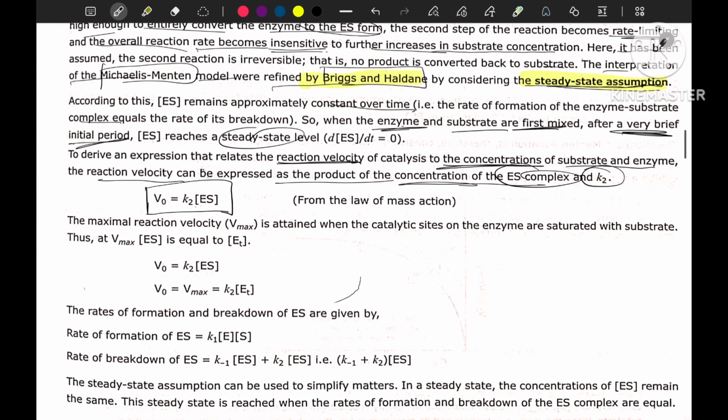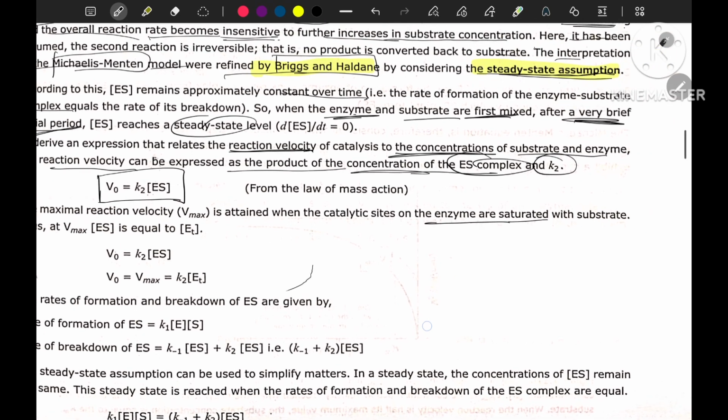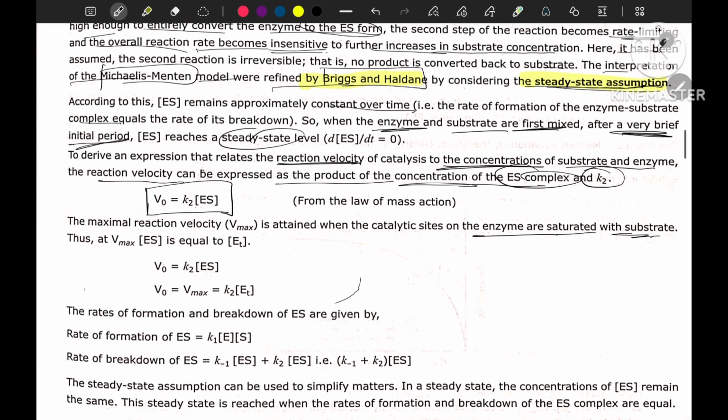The maximum reaction velocity Vmax is attained when the catalytic sites on the enzyme are saturated with substrate. At Vmax, the concentration of ES is equal to the total enzyme concentration. So V naught is equal to Vmax, which is equal to K2 times the total enzyme concentration.